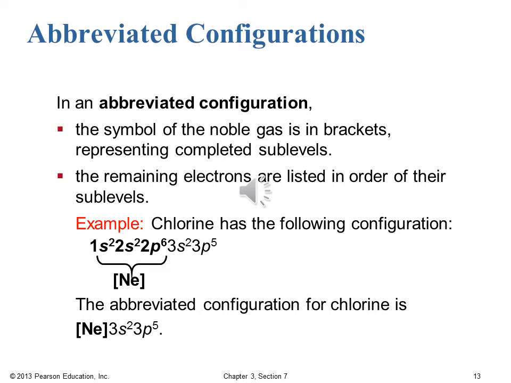So we would abbreviate our notation to say the core is like neon, with neon's element symbol in brackets, followed by 3s2, 3p5. It's much easier to see the electrons that actually matter and to understand that the rest are buried in the core, not doing any real chemistry for us.